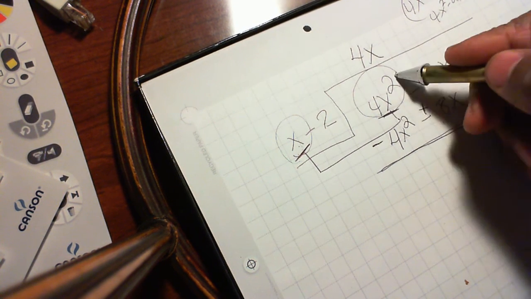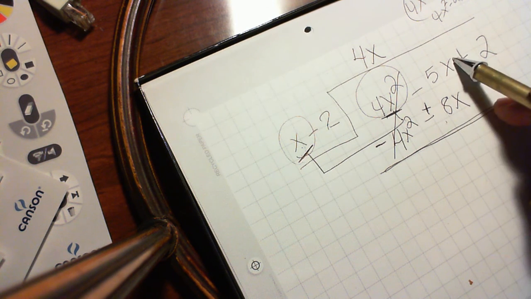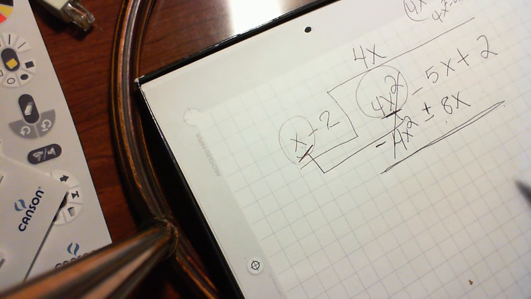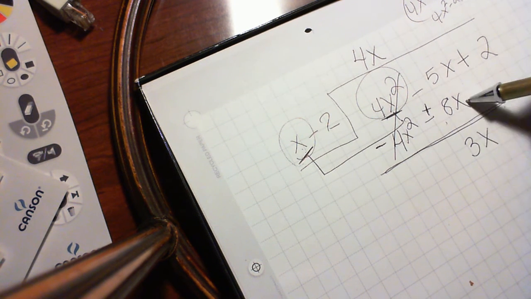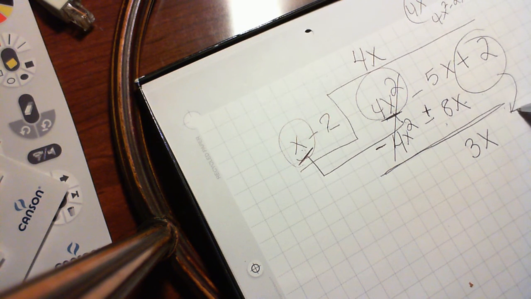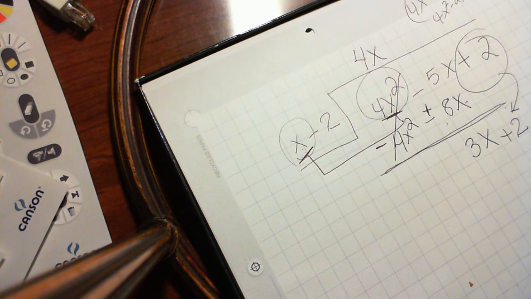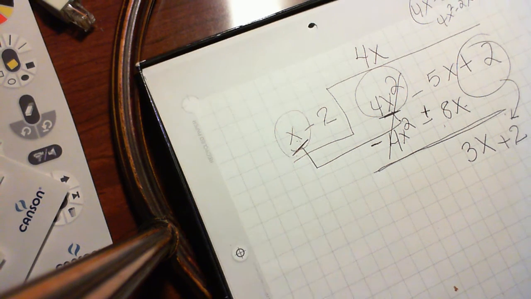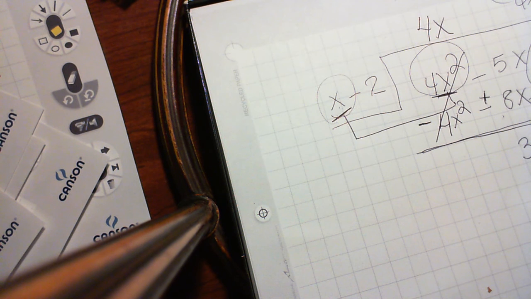So when I change the sign, these two add up to 0. Minus 5x plus 8x, that gives me 3x, right? 8x minus 5x. Then I'll bring the 2 down. Bring the 2 down here. Just like you would do regular number long division. Okay? So now, what do I multiply x by to get 3x?